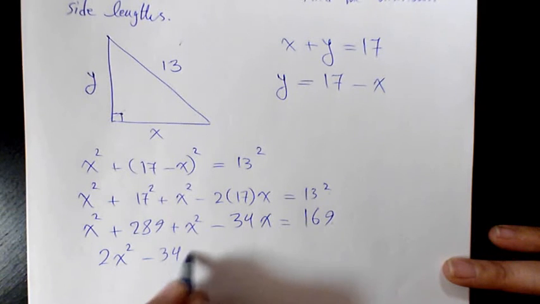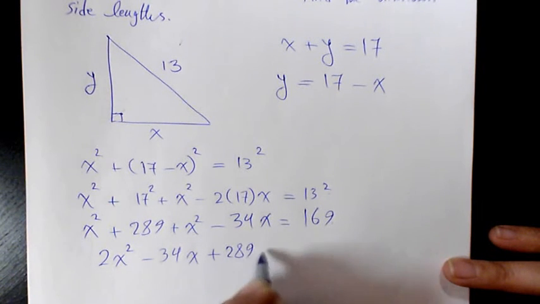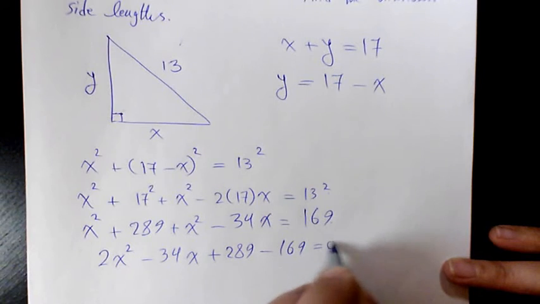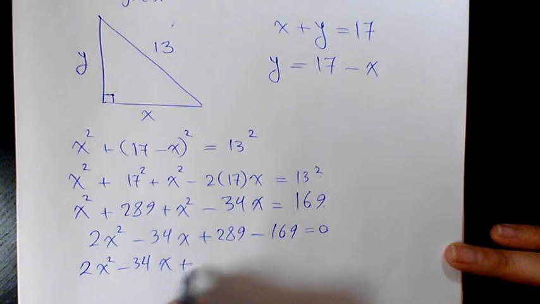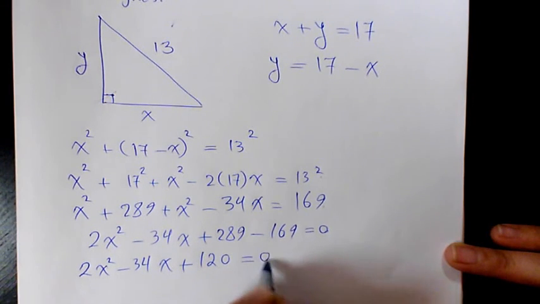Negative 34x plus 289 minus 169 equals to 0. So that's going to be 2x squared minus 34x plus 120 equals to 0.